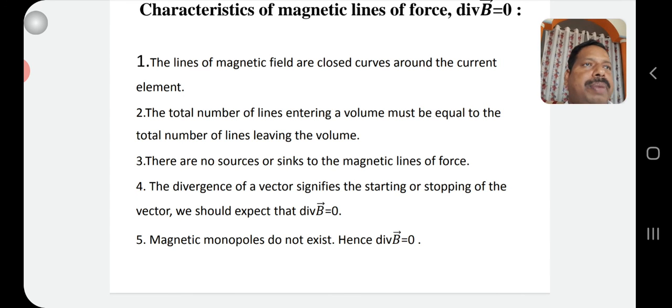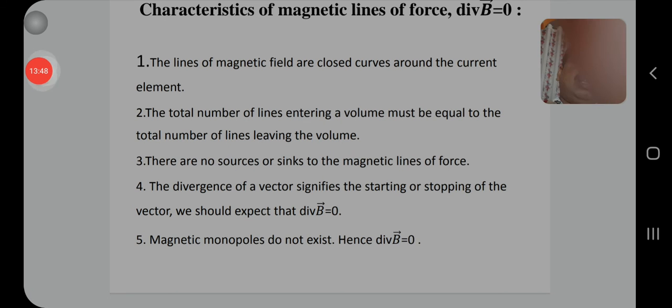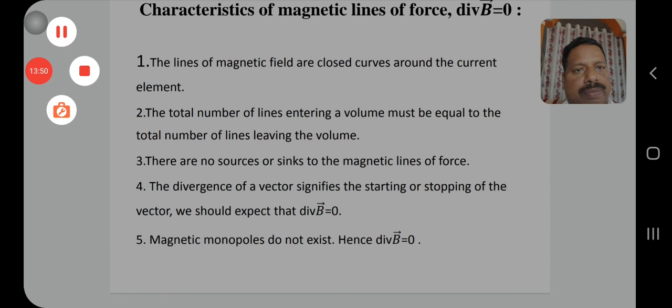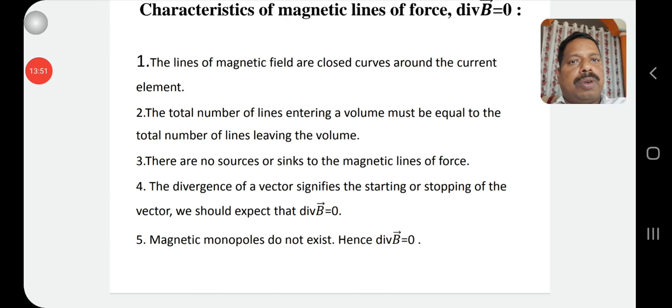Hence, divergence of B is equal to 0. Div B equal to 0 was also discussed in the previous semester. It is an important result, namely that magnetic monopole does not exist in nature. So these are the few characteristics of magnetic lines of force and divergence of B equal to 0.